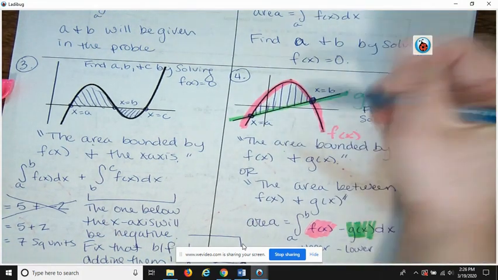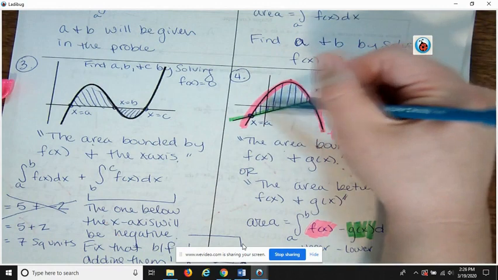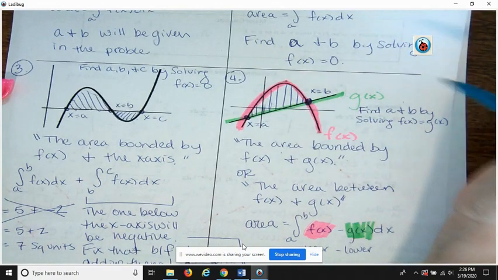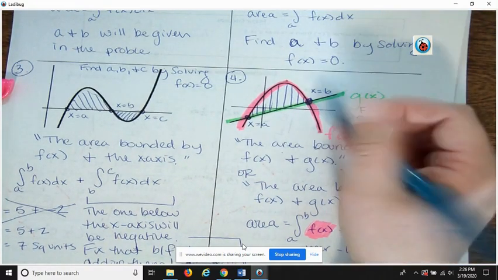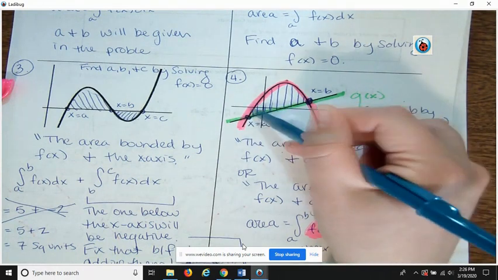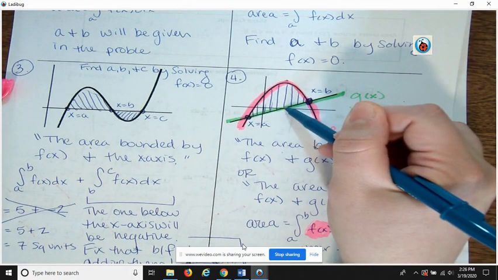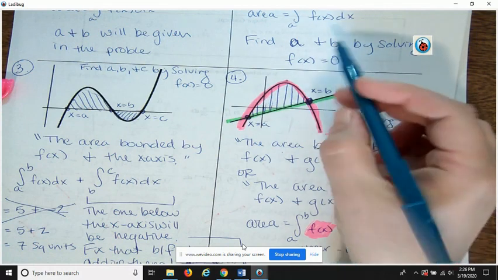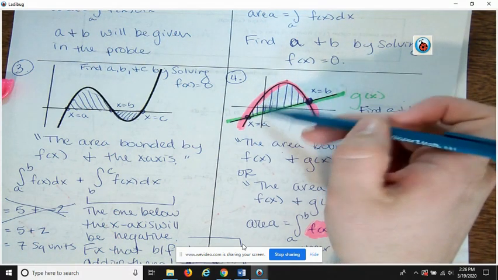So we're only left with the stuff in between the 2, okay? Now you also may be asking, Miss Roberts, this part right here is underneath the x-axis, so it's negative, right? Yes, that is true.